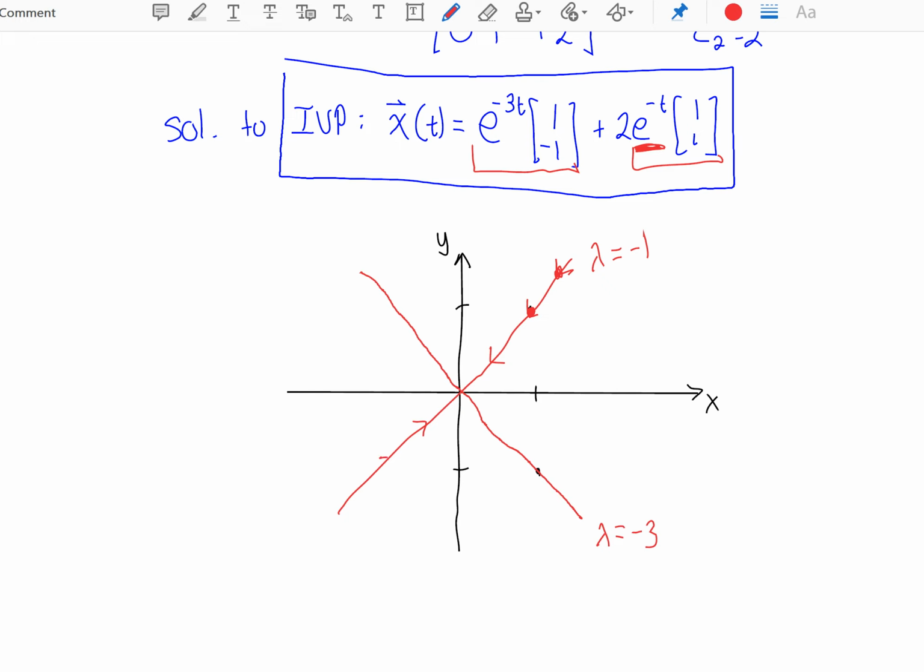It's because that negative eigenvalue and that negative exponent, this is going to go towards 0 as time goes on. Similarly, for e to the negative 3t, anything that lives on this line associated with negative 3 will shrink as time goes on and move towards the origin.